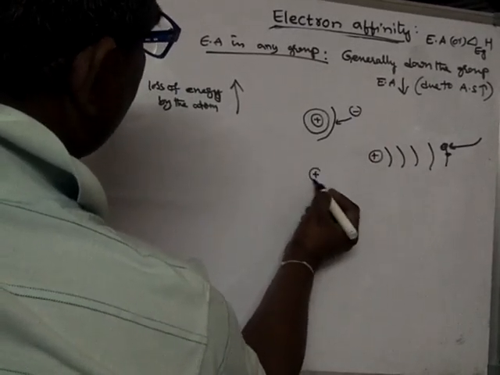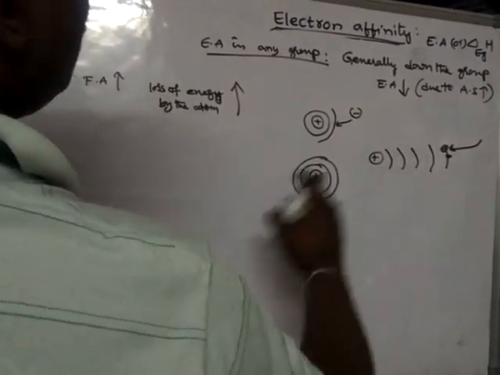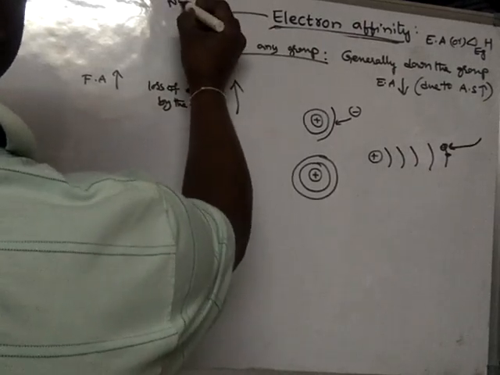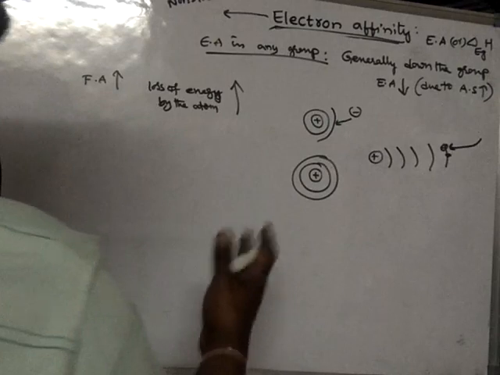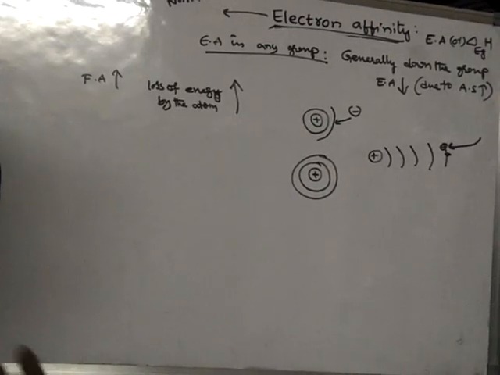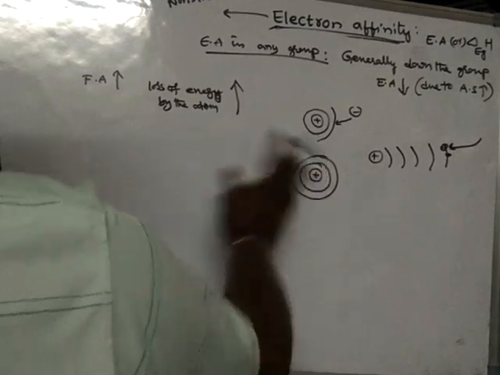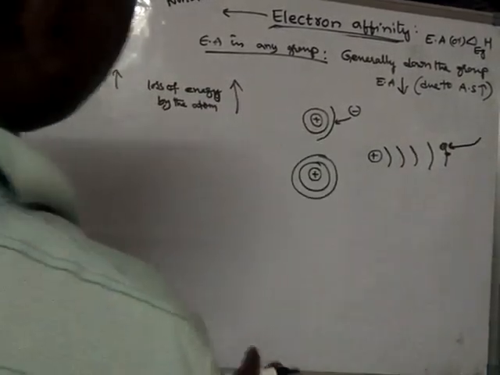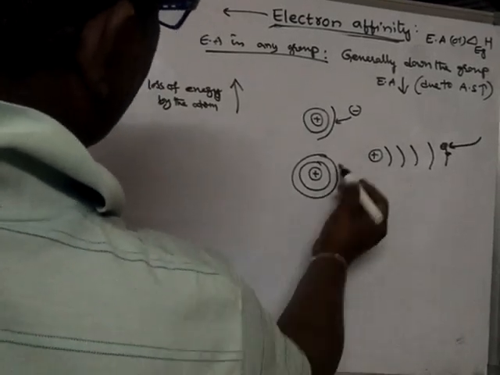Into sodium, the electron should be added likewise. Generally electron affinity is related to non-metals, so we should consider electron affinity by treating non-metals. Whatever it may be, metals or non-metals, down the group the size of the atom increases.